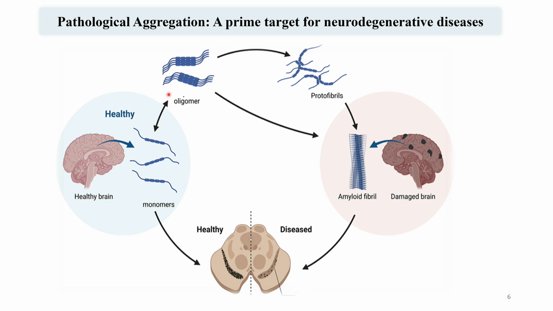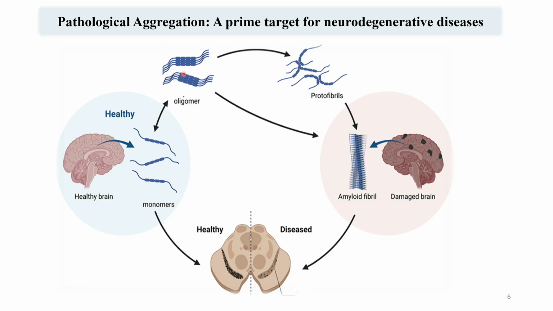Now, the problem is we have X-ray crystallographic data of the fibrils. So far we do not have the structural conformation of oligomers, but it is now found that the oligomer stage is much more toxic than the fibril stage. Although the fibril stage is also toxic, the oligomer is much more toxic.